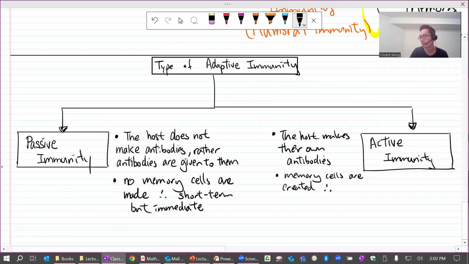No, it takes some time, right? So therefore, you make memory cells, so it's long-term protection, but not immediate.